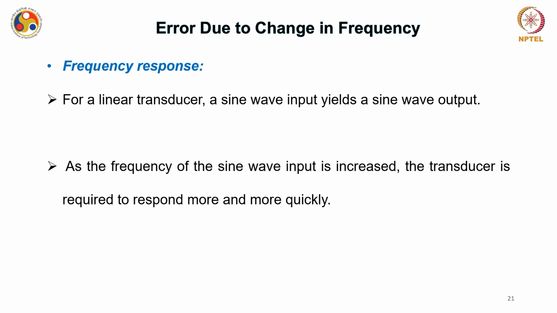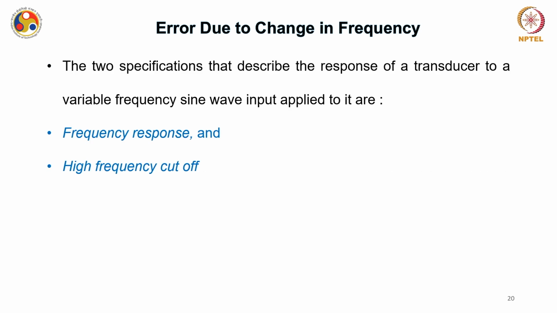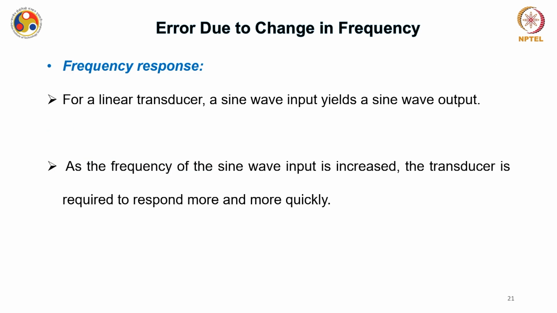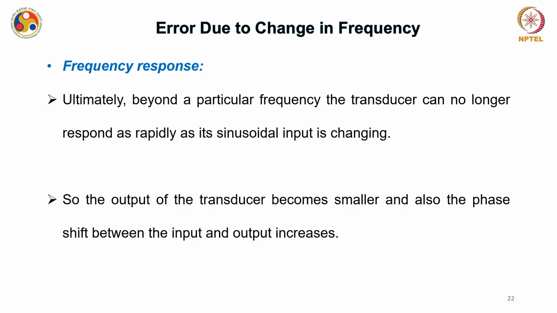Now as the frequency of the sine wave input is increased, the transducer is required to respond more and more quickly, and sometimes it may not happen, because beyond a particular frequency the transducer can no longer respond as rapidly as the sinusoidal input is changing.